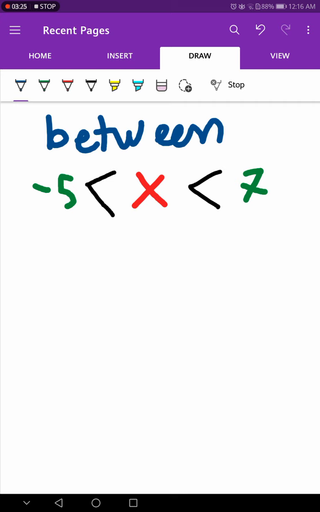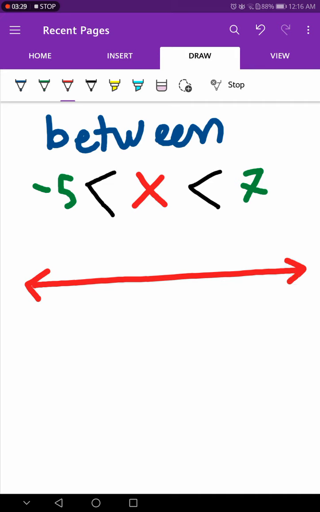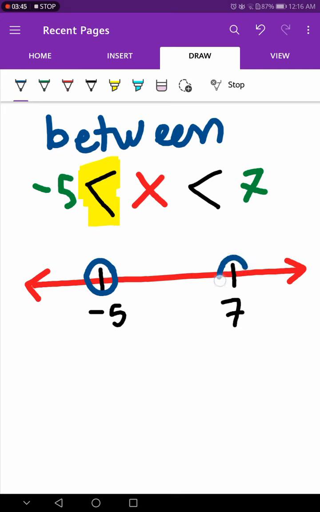How to graph it? It is easy also. I draw the number line like this and put -5 here and 7 here. As we learned, this inequality has no equal sign, so I draw an empty circle here and an empty circle here, and the solution is between them.